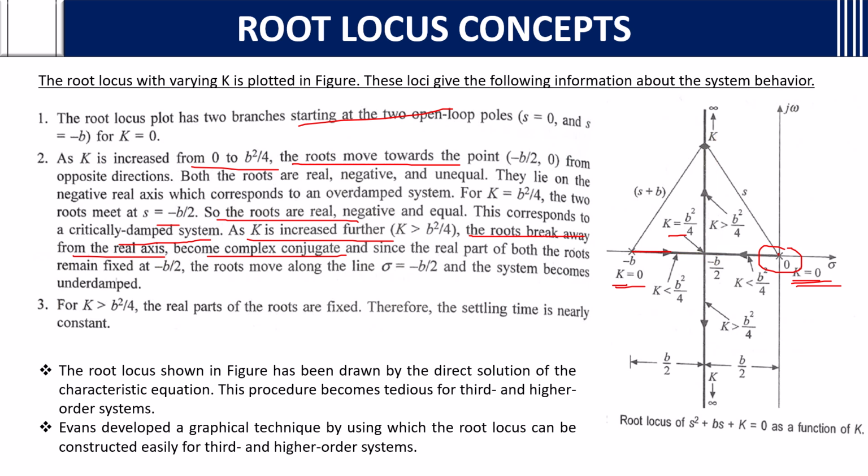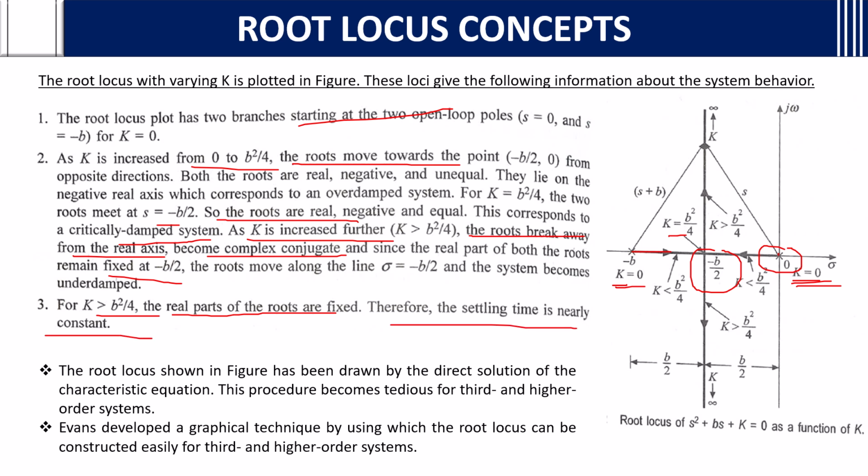The real part of both roots remains fixed at minus b by 2. The roots move along the line sigma equals minus b by 2, and the system becomes underdamped. For k greater than b square by 4, the real parts of the roots are fixed. Therefore, the settling time is nearly constant.